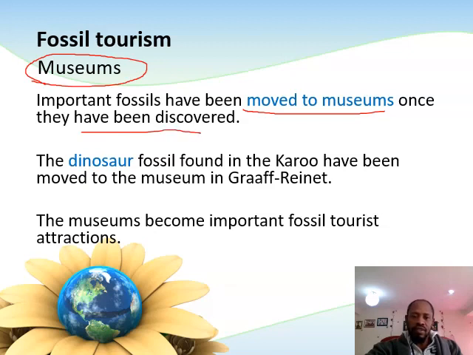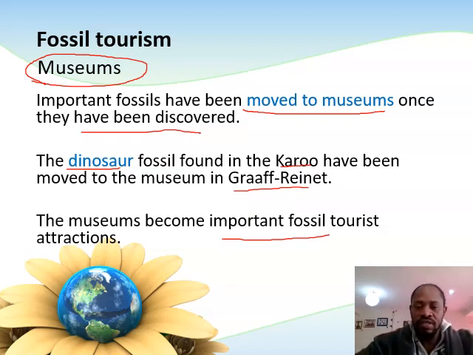For example, the dinosaur fossil that was found in the Karoo region or the Karoo biome has been moved to the museum in Graaff-Reinet. The museum becomes an important fossil site to the tourists. Okay, so the tourists, after investigating all other fossil sites, will also then decide to move to museums.